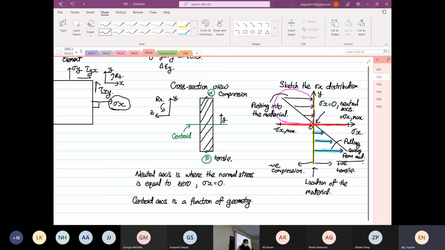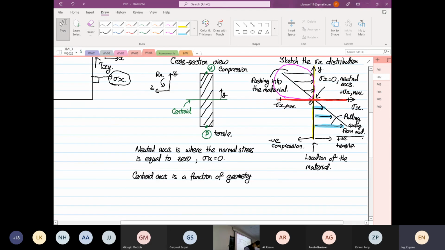So the first thing that I'd like to drive into your mind is this: for symmetry, centric loading.